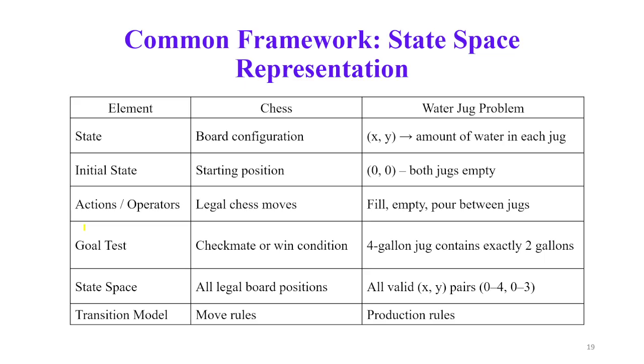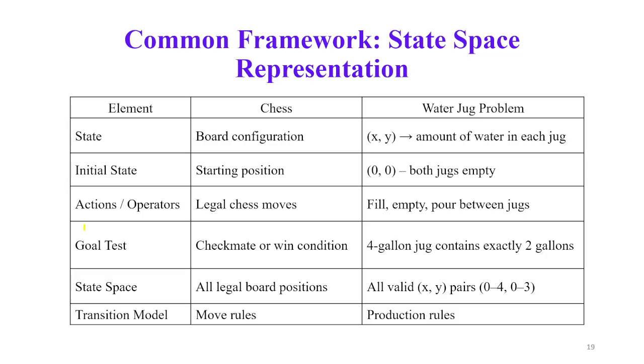With respect to chess, we have the board configuration as the state, and the initial state is the starting position where the coins are arranged in their particular positions. The actions or operators are the legal moves, and the goal test is that every move you make, you check whether it is a checkmate. For the state space, all legal board positions. The transition model is the rules that you have. Each coin has its own moves.